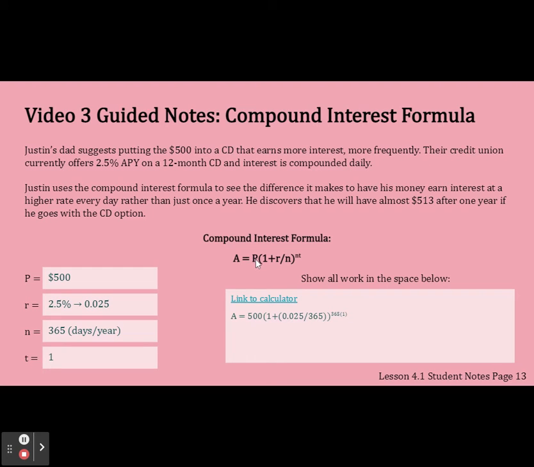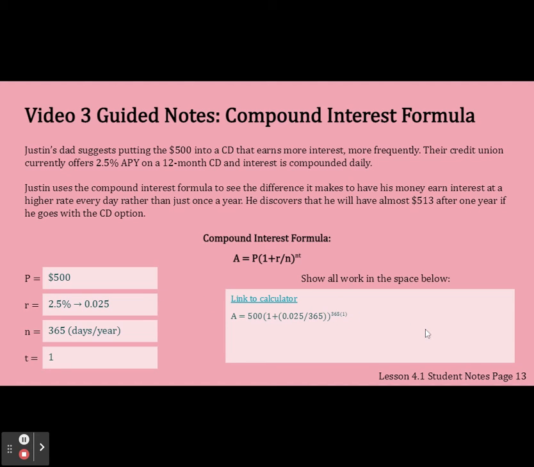And all we're doing is basically taking this formula. We know that P is equal to 500, so instead of P, we're going to write 500. We know R is 0.025, so instead of R, we're writing 0.025 divided by N. We know N is 365, and then to the N times T power, so 365 times 1.